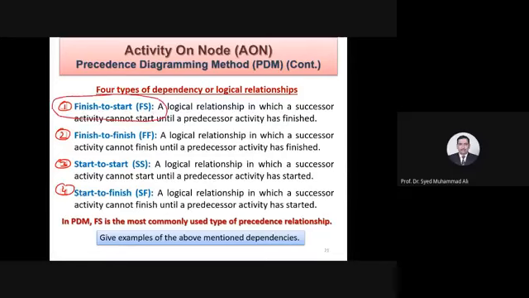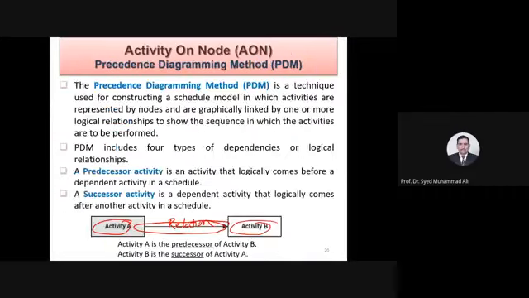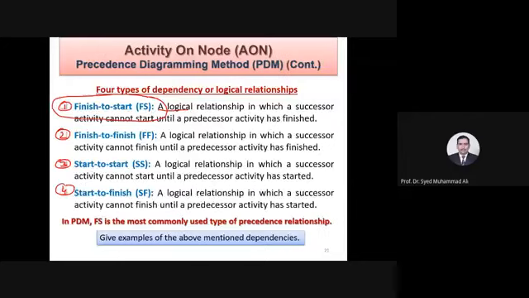This is the default one. This is the fundamental, common sense one. Your software program will have this as the standard by default, which is called finish to start, FS. And what is that? A logical relationship in which a successor activity B cannot start until a predecessor activity has finished.